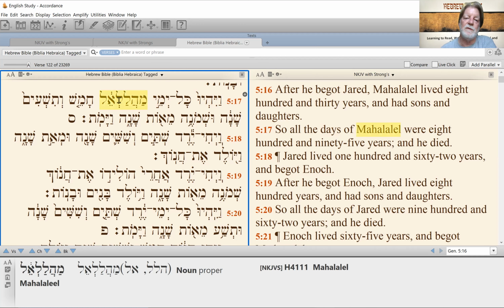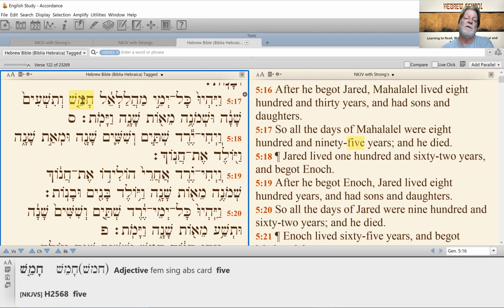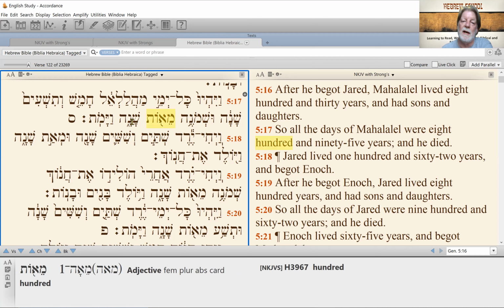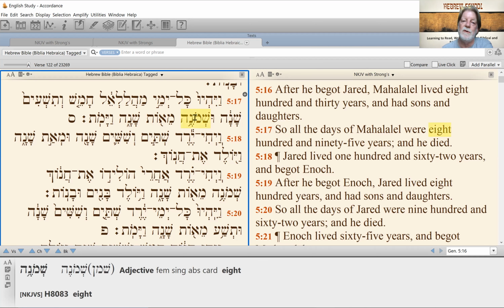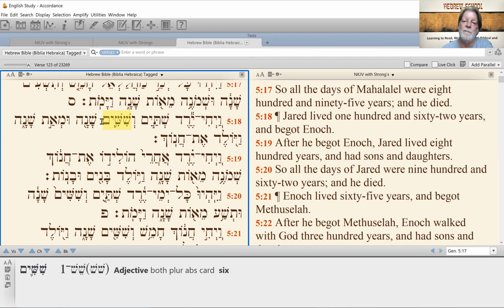So all the days of Mahalalel, Chamesh, 5, V'teshim, 95, Shana, years, Ushmone, Meot, Shana, and 800 years. So we've got 895 years, Vayamot, and he died.